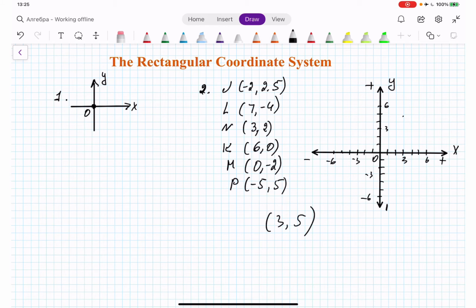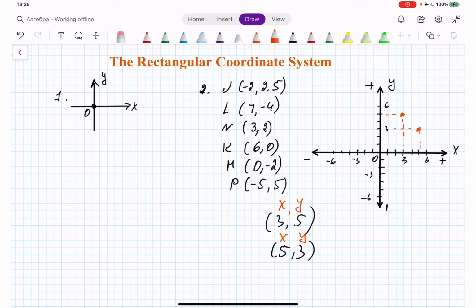When we put coordinates, let's say 3 and 5, the first coordinate always represents x, the second one is y. If you switch by mistake and put 5 and 3, it's going to take you somewhere else, because x will become 5, y will become 3. Let me show you. x is 3, y is 5. Now I messed up, I got x is 5 and y is going to be 3.